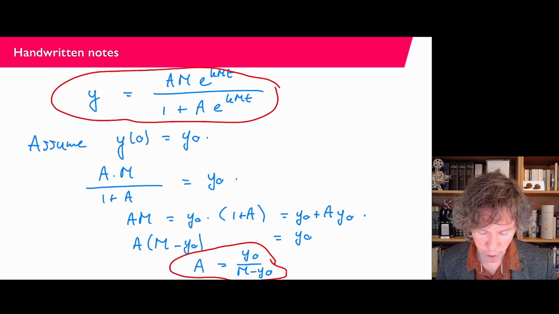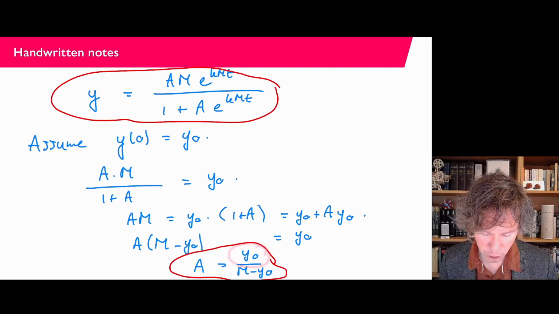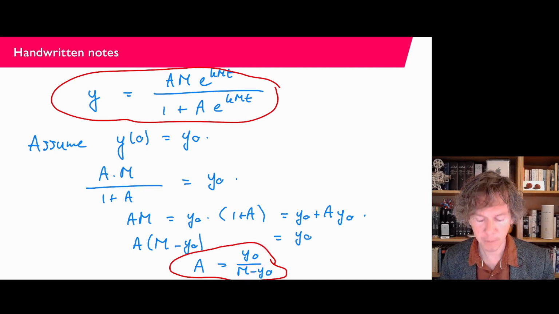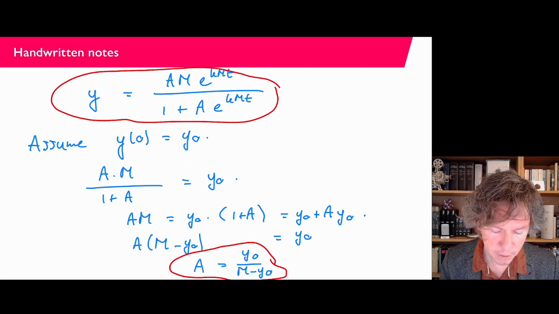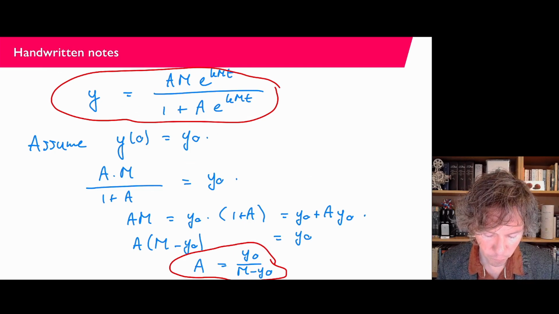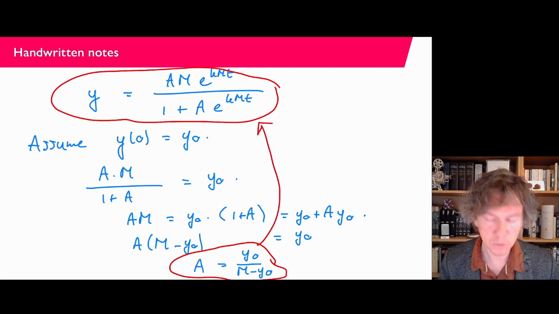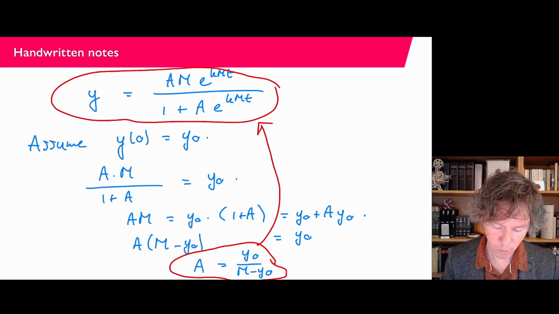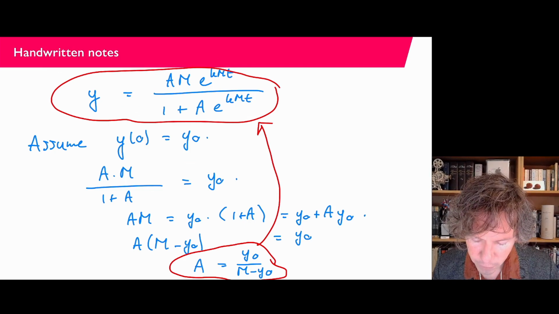That is true here, because here we have the population at time 0, and we have this capital M, the carrying capacity, and they all have an interpretation. So putting these red formulas together, I'm going to plug the A into that equation, and then we will be done. So let me do that. And I'm going to need a bit more space for that.